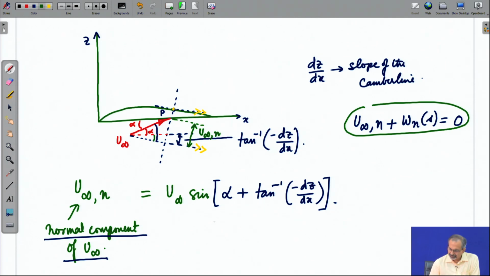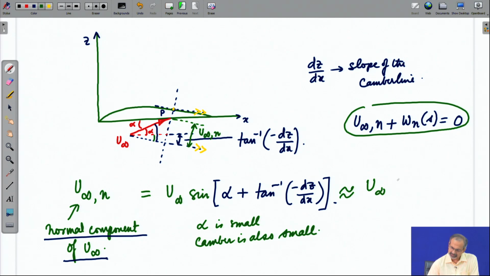Now, if alpha is small and the camber is also small, then we can approximate this expression as u infinity times alpha minus dz dx.